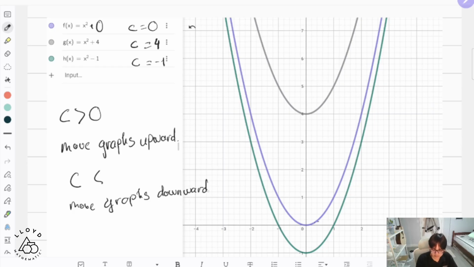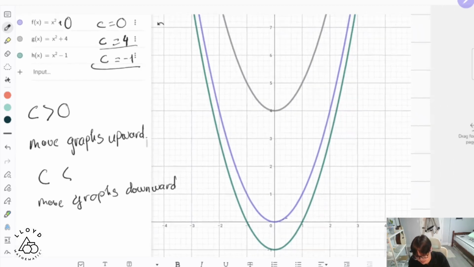As you see, if C is less than 0, it moves the graph to a lower level, right? And if C is higher than 0, like in this example, the gray graph is higher than the other two. So that shows how C changes the graph's position.